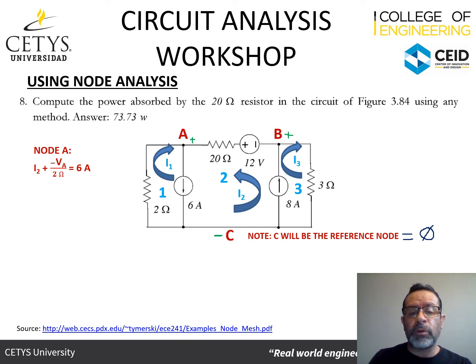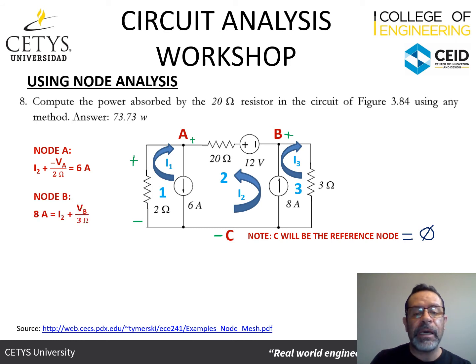So it's going to be the voltage in A, but notice that the current is going from negative to positive. And how am I establishing this negative and positive? With regards to the negative and positive that I referenced with regards to C, which is the reference node. So in this case, VA is going to be the negative voltage divided by 2 ohms. And we have this expression.